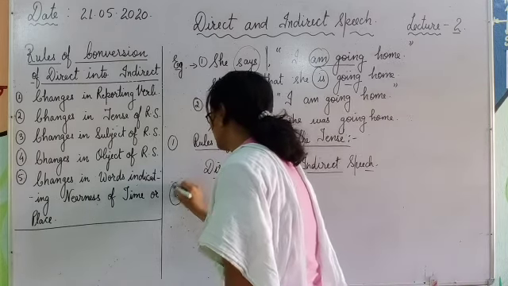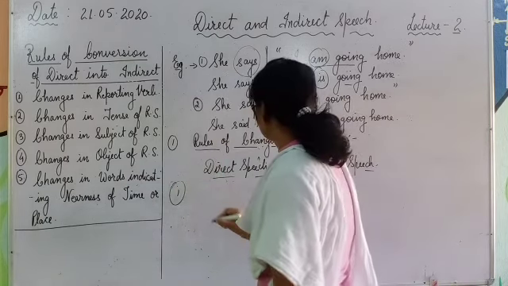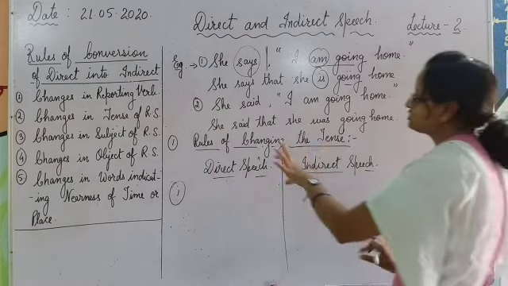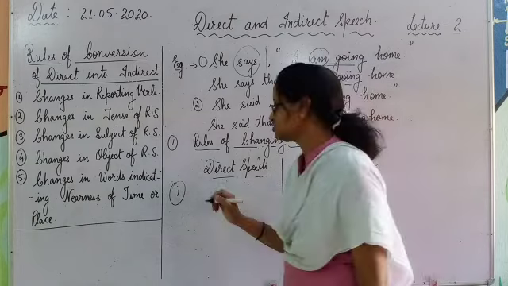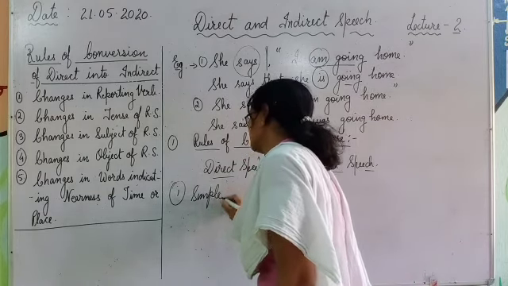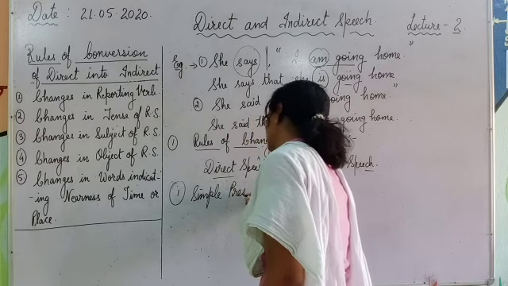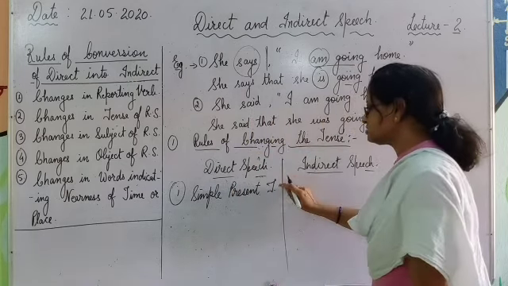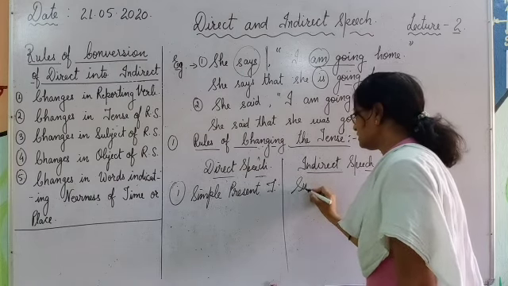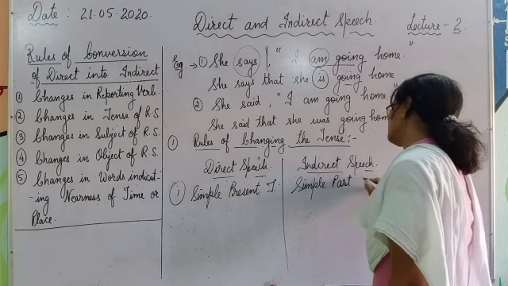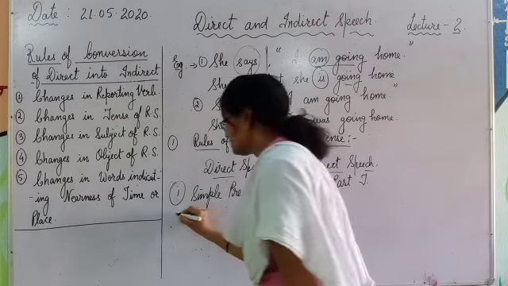Look here, children, be careful. The tense portion is covered in the reported speech part. If there is simple present tense, in the reported speech it will change into simple past. Simple present tense will change into simple past tense.